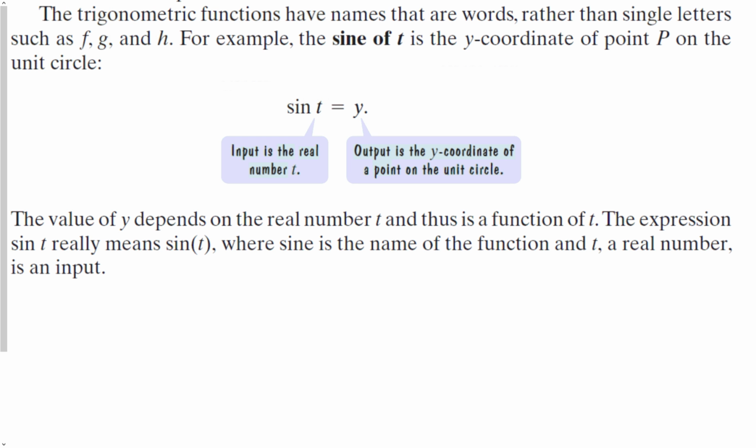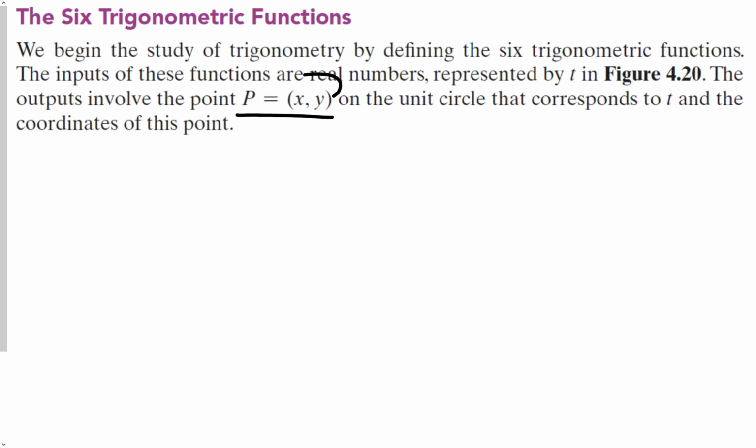The trig functions have names that are words, just like logarithm, rather than single letters like f or g or h. So, for example, our first function that we're going to talk about is the sine. And the sine represents the y coordinate of this point, okay?